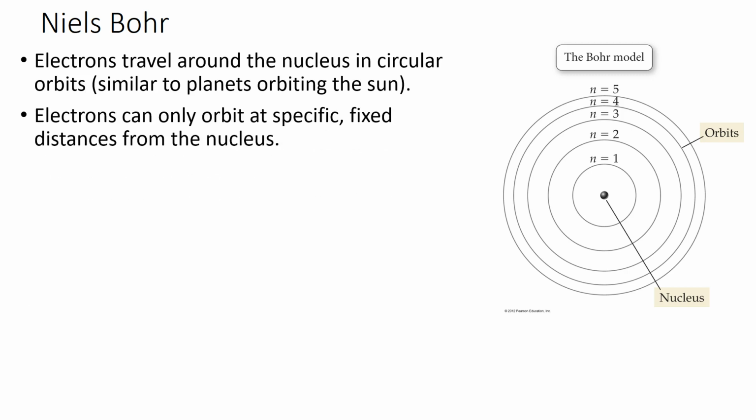Electrons can only orbit at specific fixed distances from the nucleus. Now, that's something that we still know to be true. Electrons are not going to ever exist in between the energy levels. They can jump from one to the other, but they don't stay there.